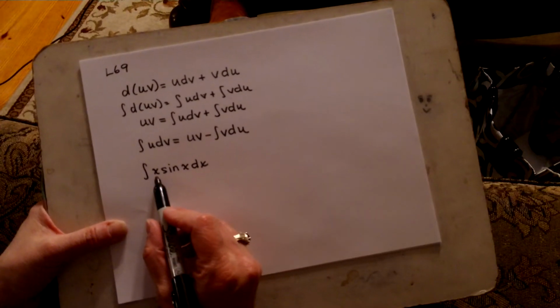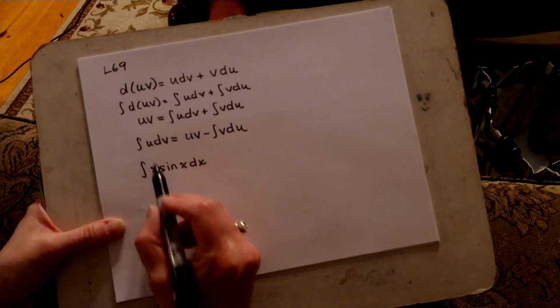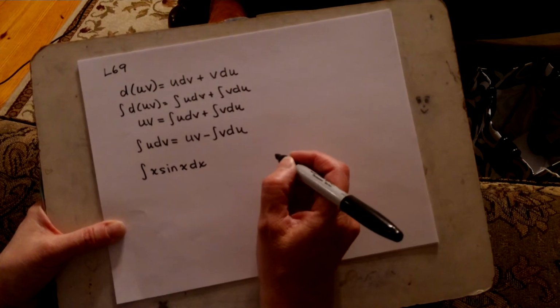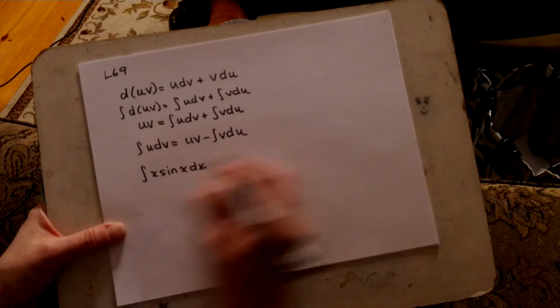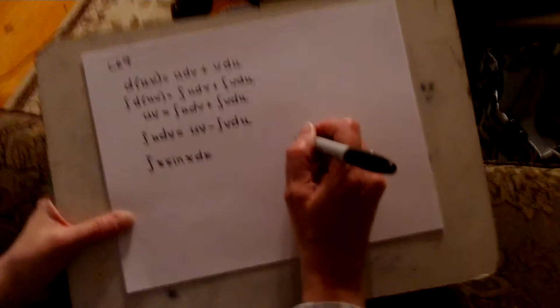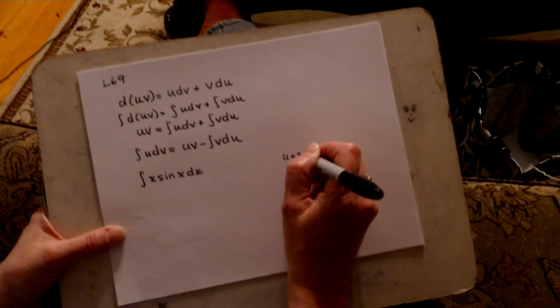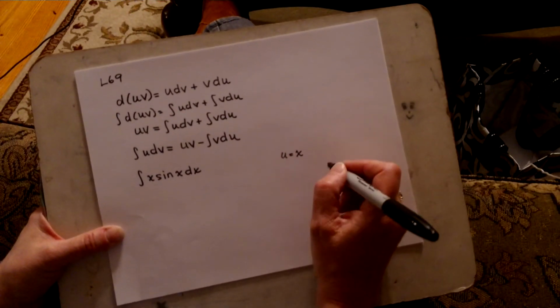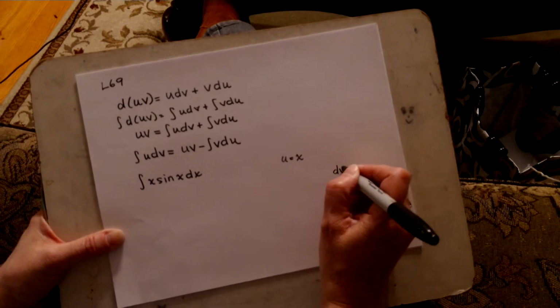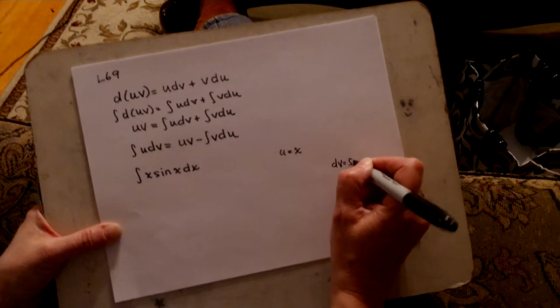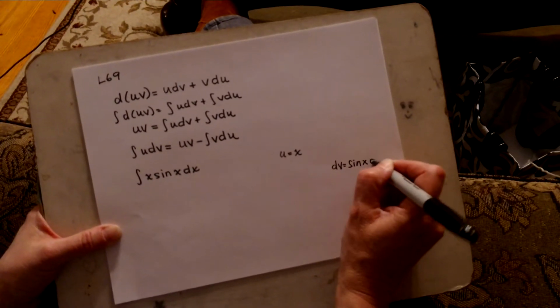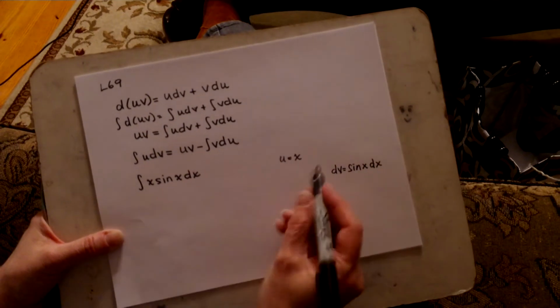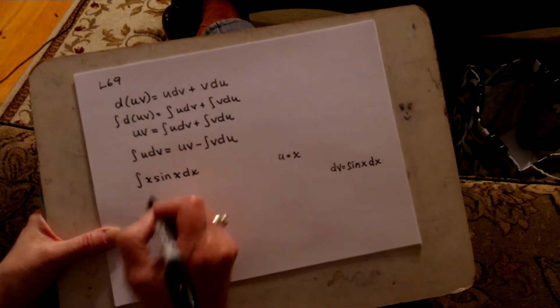I'm going to do u is x. So u is equal to x, and dv is equal to sine x dx. So that's my two pieces. I split it in two.